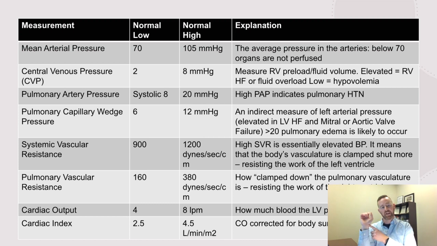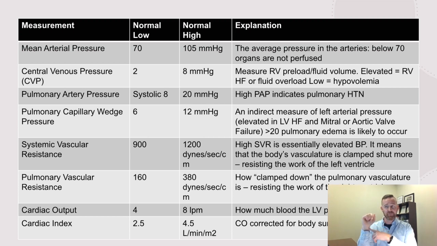An arterial line can go through the radial artery, and it can continually measure blood pressure, and we can also calculate, of course, a MAP, right? That mean arterial pressure is important to us because, remember, that's the average pressure in the arterial system. So below 70, we start to worry about organ perfusion.